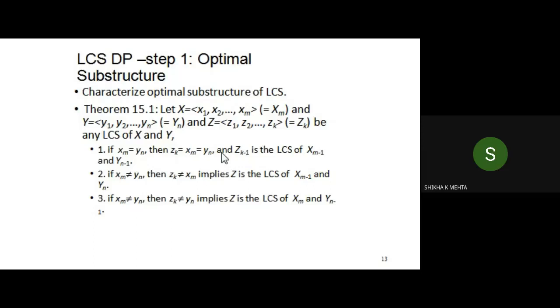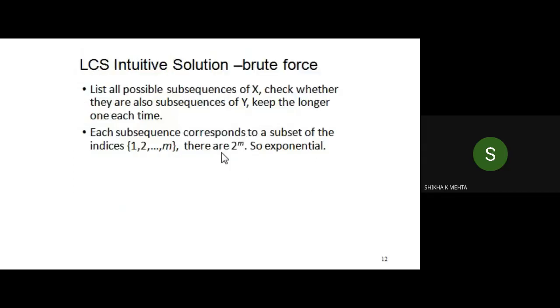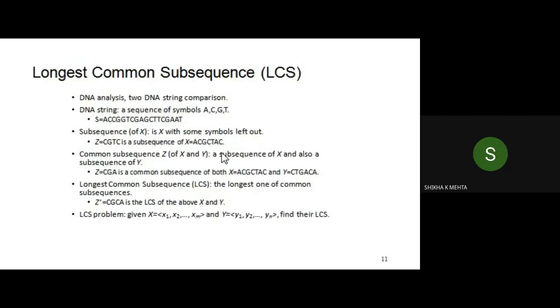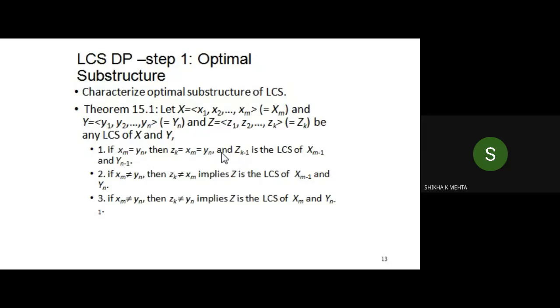Otherwise, if we are comparing characters which are not the same at some point, like in this example, A is not equal to C, C is not equal to T, but at the third point G is equal to G, right? So here Xm is equal to Yn. We are comparing the characters at these positions.